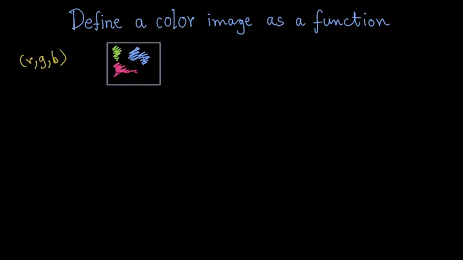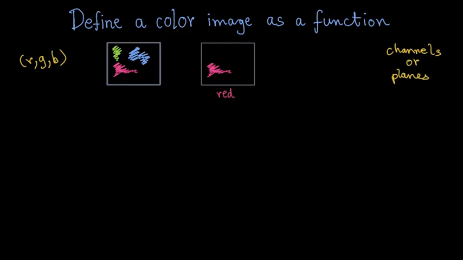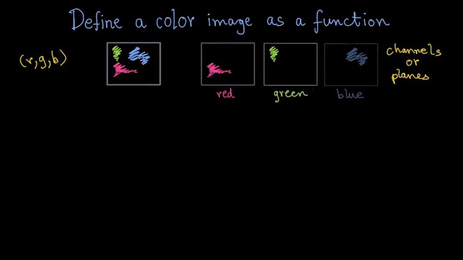These values can be separated into 3 different channels or planes. If you take all the red intensity values in an image, you have your red plane. Similarly, if you take all the green intensity values, you get your green plane. Likewise for blue.